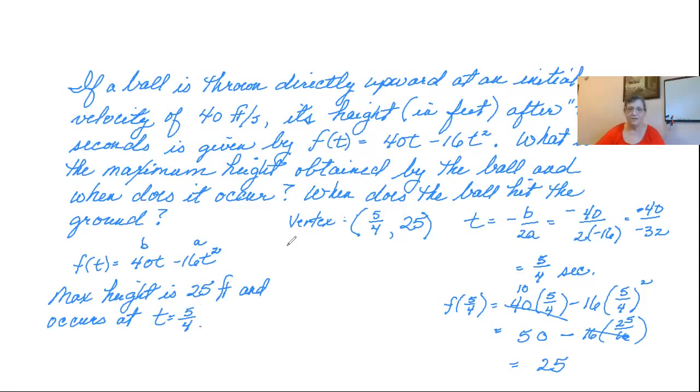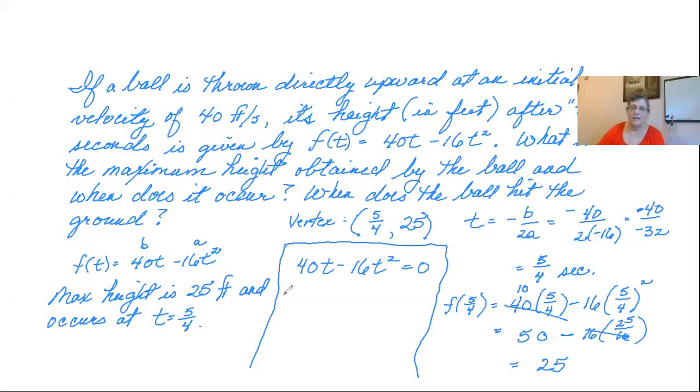When does it hit the ground? What is the height when it hits the ground? Well, the height at that point, f of t, is going to be 0. So we want to know when f of t is equal to 0, or when 40t minus 16t squared equals 0. If I factor out 8 and t, that's going to leave a 5 here, minus 2t equals 0. You can use the quadratic formula on this.